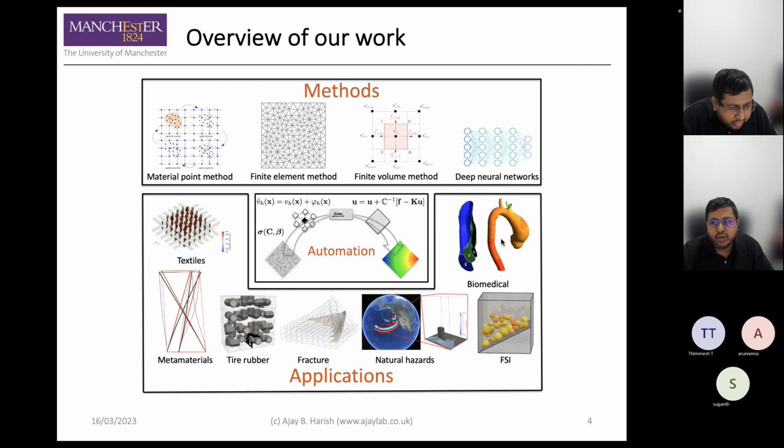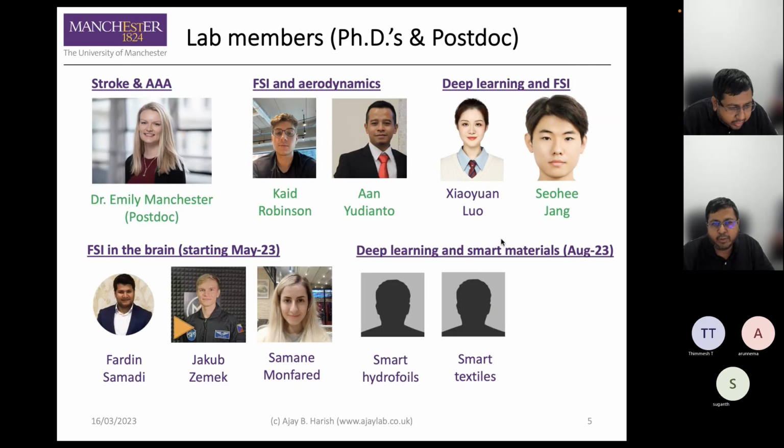So these are some of the lab members currently working with me. Those in green are people I'm co-advising, so there's also another advisor involved with them. We're working on a range of problems from biomedical, looking at fluid structure interaction in the brain, to aerodynamics, deep learning, and composites and textiles as well.